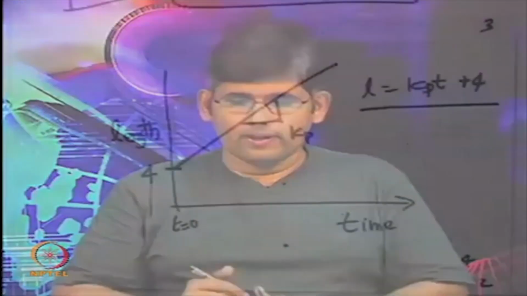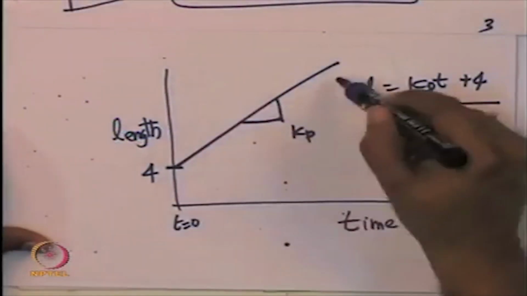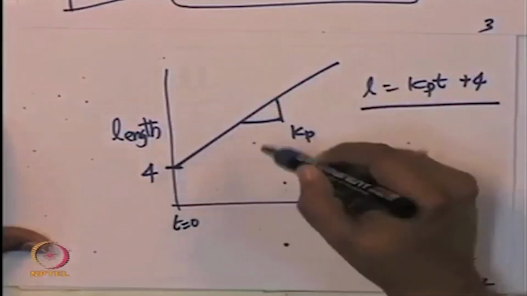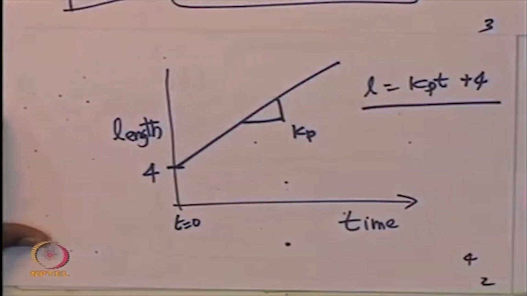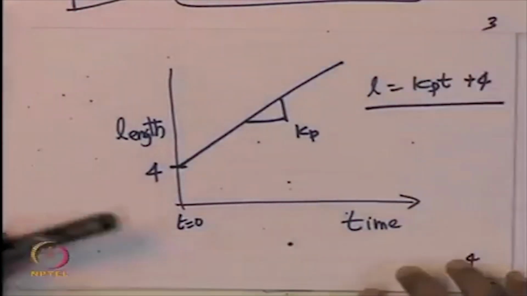So, this is a linear function where the length increases with time as a straight line. We understand polymerization, and how to describe it using a mathematical description.